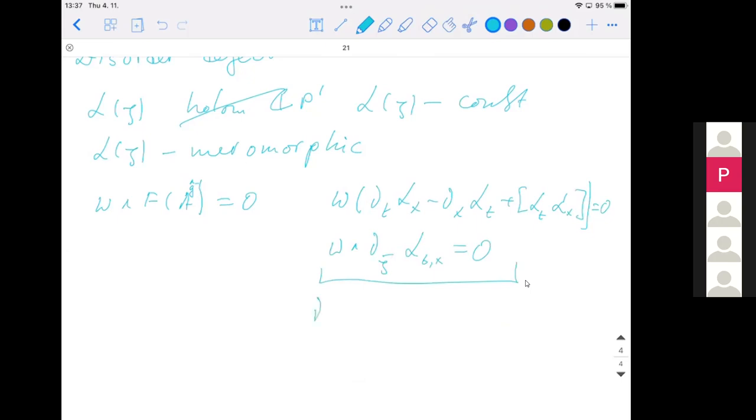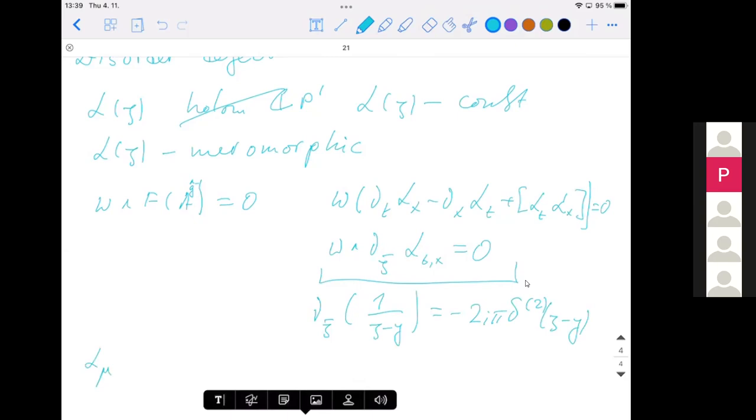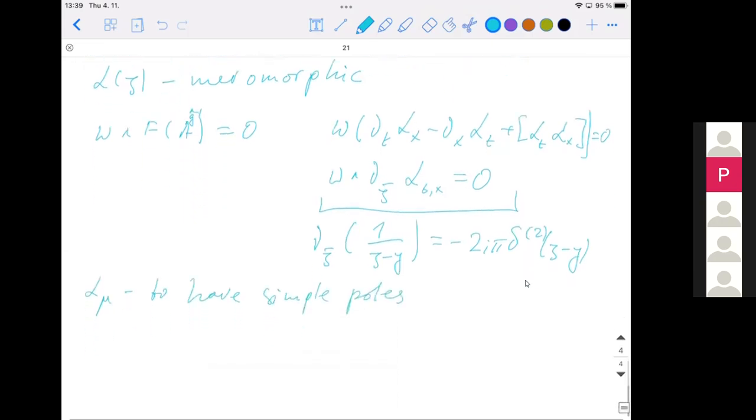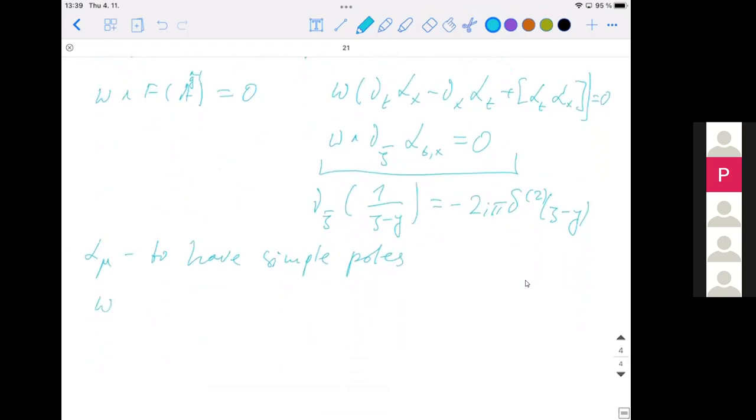We know that this distribution just looks like this. That means for L to have simple poles, omega has to have simple zeros.